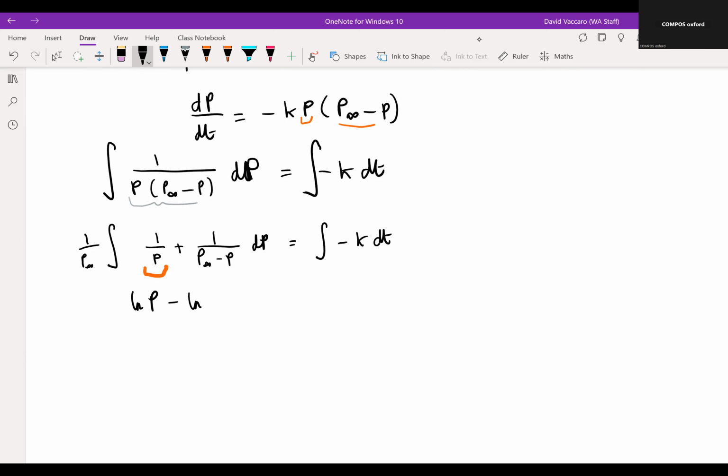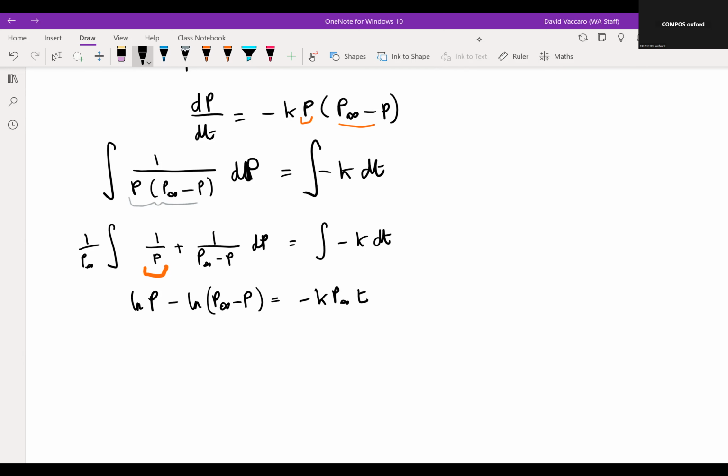So we've got minus log of p infinity minus p, and this is minus k t. And then I can take the factor of p infinity over to the other side, and I get minus k p infinity t.